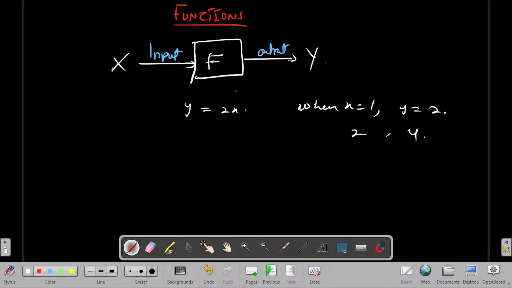But wait, a function may take in several inputs: input 1, input 2, input 3. But take note, a function will always give out only one output. Every function in this world is designed to give out a single output, but it may be a function of several variables.